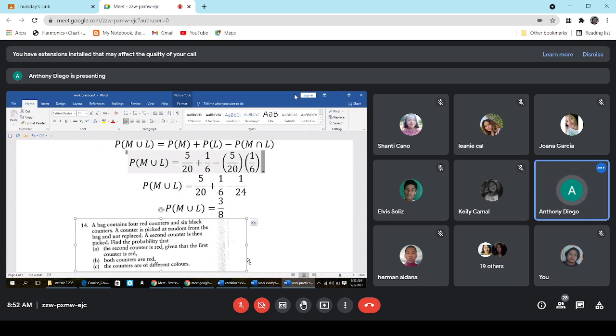But this one, both counters are red, is independent events and conditional events. But what would be the major thing we need to bear in mind here? Like the words 'given that' would be a conditional event. Yeah, conditional probability, I mean.